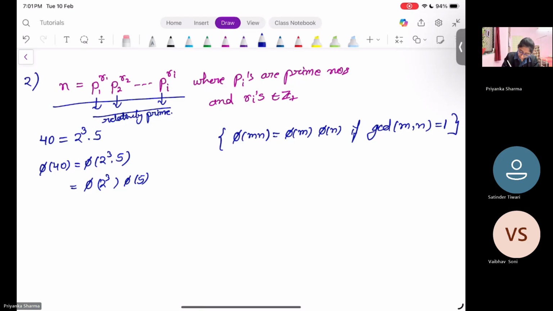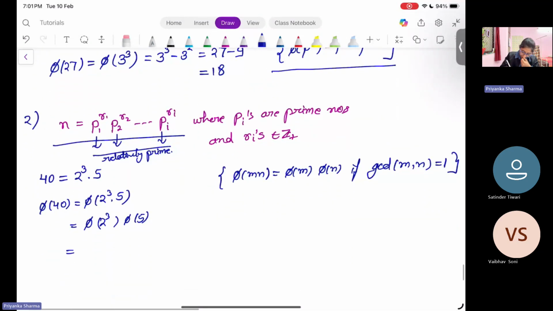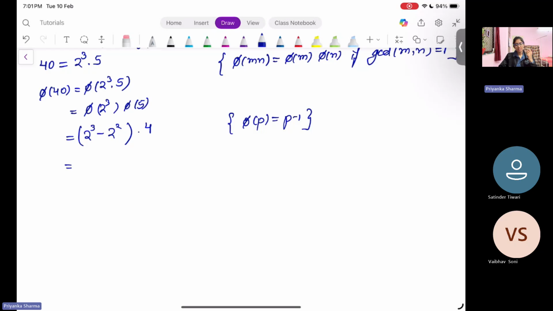For phi of 2 cube, you can again use this formula: 2 cube minus 2 square. And phi of p is p minus 1. These formulas are discussed in the lecture videos, so you can refer to that. So phi of 5 will be 4. This will be 8 minus 4, that is 4. 4 into 4 is 16.